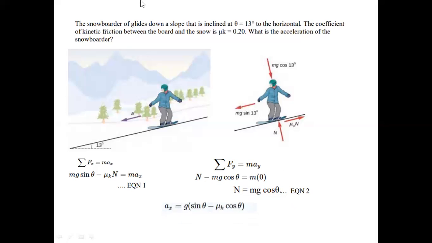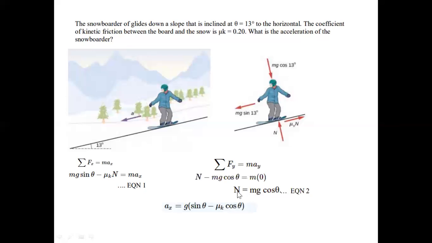Now remember, if we're going to manipulate all the equations and substitute the second equation into the first equation, say for example, we have ax is equal to mg sine of theta minus mu k multiplied with the normal force mg cosine theta all over the mass.